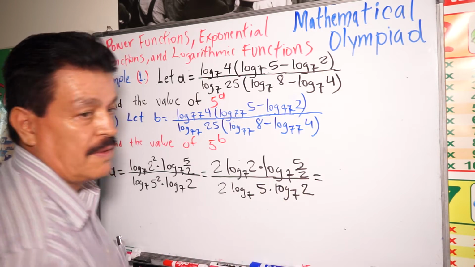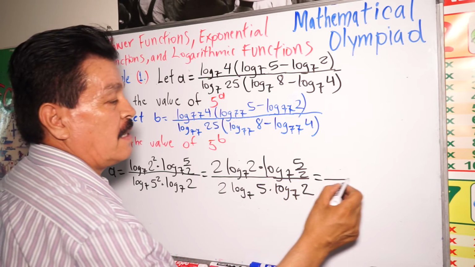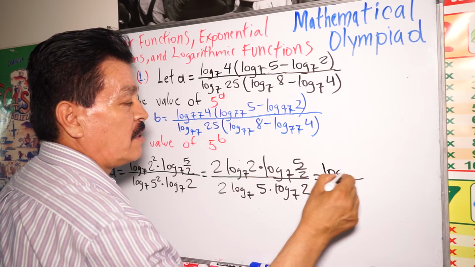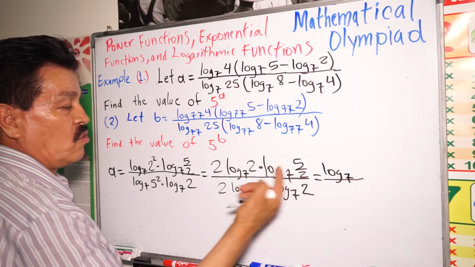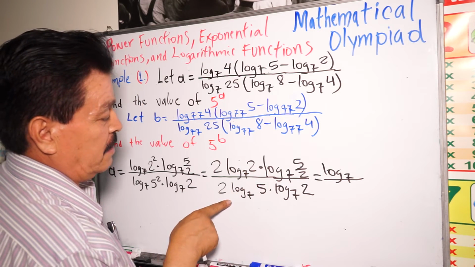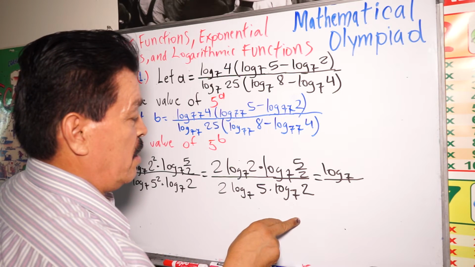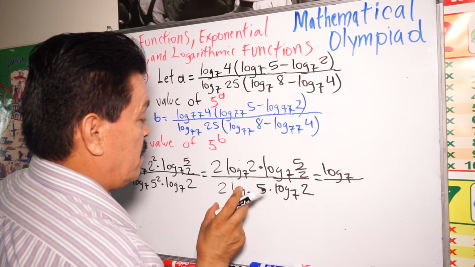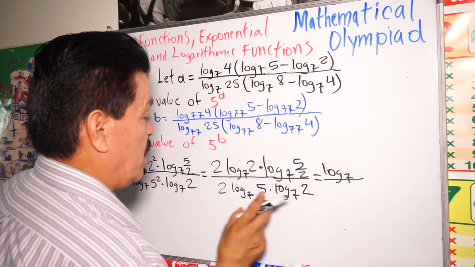If you simplify this, you cancel this one with this one, and then this one with this one.